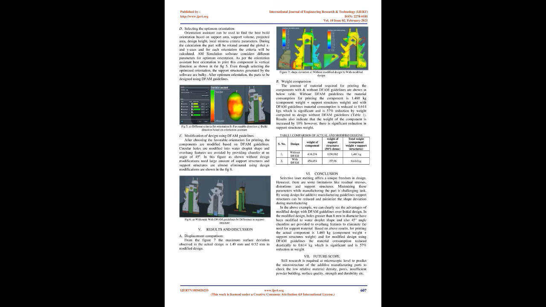Selecting the optimum orientation. Orientation assistant can be used to find the best build orientation based on support area, support volume, projected area, design height, and local minima criteria parameters. During the calculation, the part will be rotated around the global X and Y axis, and for each orientation the criteria will be calculated.